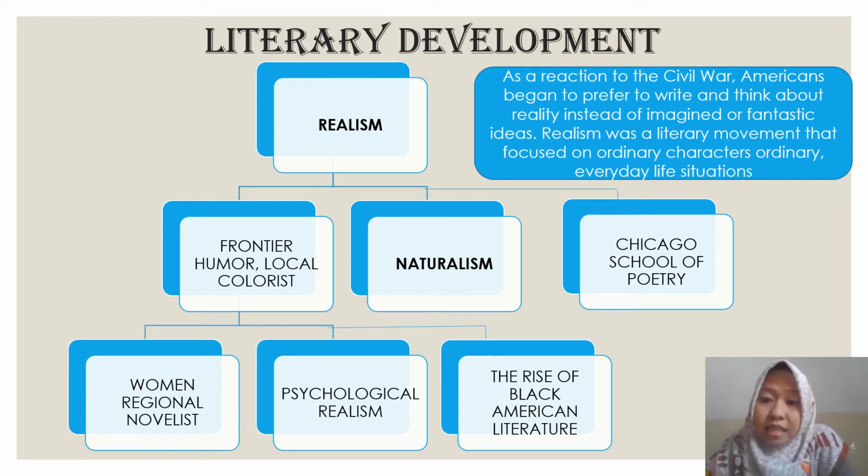And in this time also, there is the rise, the emerging, of Black American literature. This is the root of Black American literature. Because post-slavery, most of the Afro-Americans, most of the former slaves, had the freedom to express their ideas.